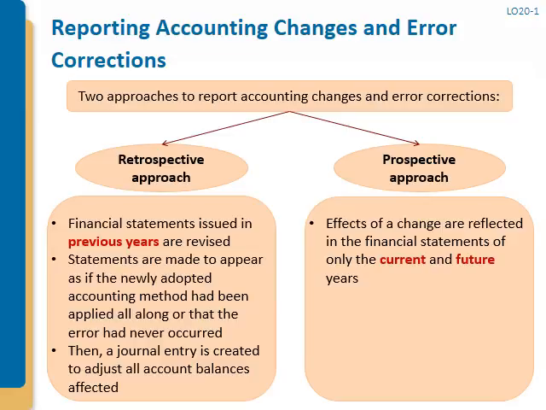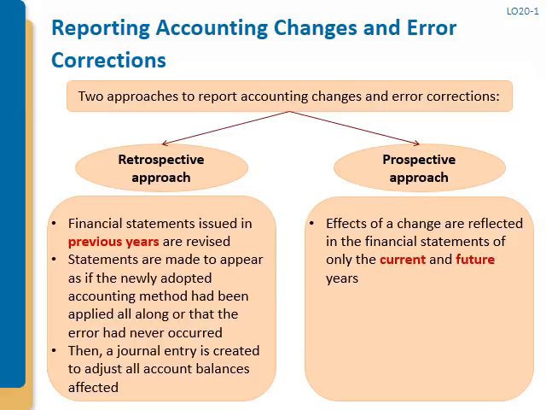For each year reported in the comparative statements, the balance of each account is revised. In other words, these statements are made to appear as if the newly adopted accounting method had been applied all along, or that the error had never occurred. Then a journal entry is created to adjust all the account balances affected to what those amounts would have been.